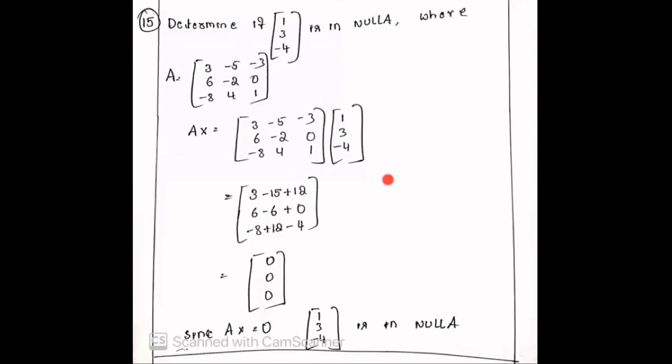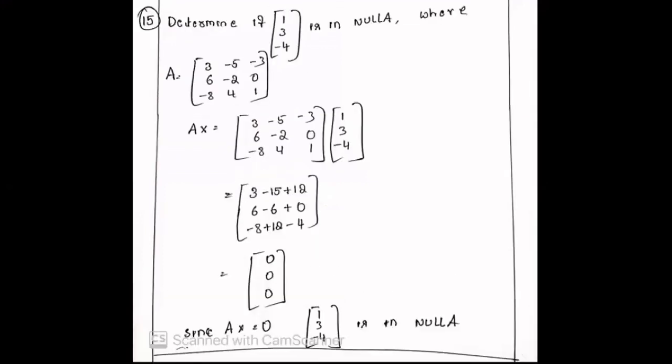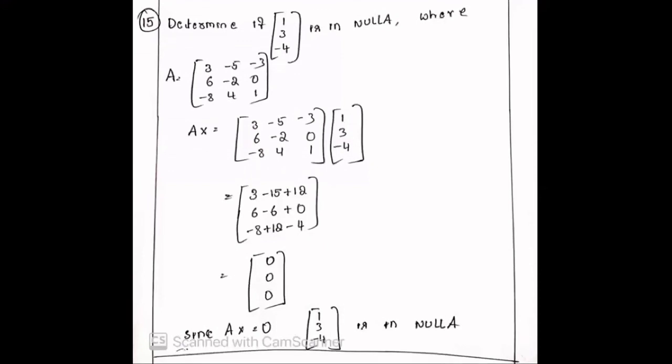So 3 into 1 is 3, minus 5 into 3 is minus 15, and 3 into minus 4 is 12. Then minus 15 plus 12 plus 3 is 0, 6 minus 6 is 0, 12 minus 8 minus 4 is 0. If you are getting this kind of pattern while solving, you know definitely the answer will be correct most of the time.